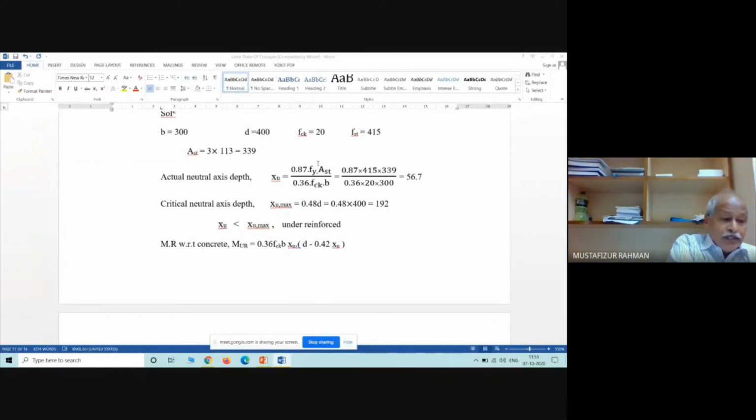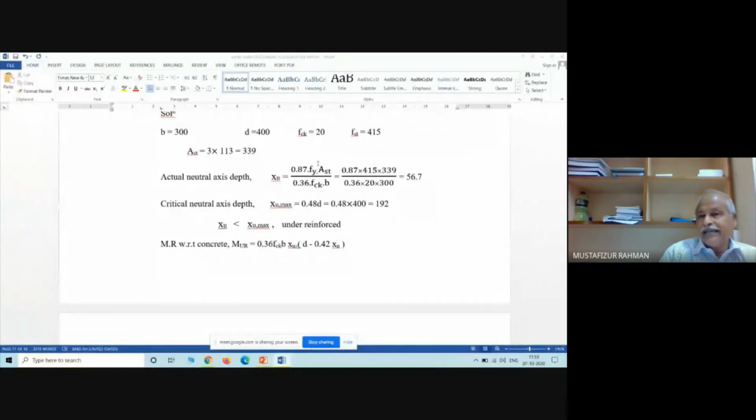This expression you utilized when you learned the bending stress distribution. So xu is less than xu maximum, so it is above the critical neutral axis.